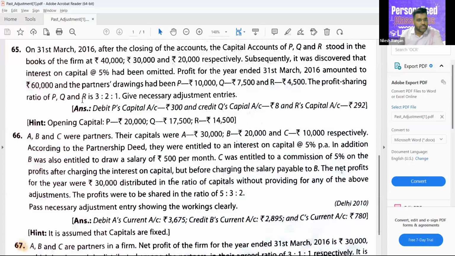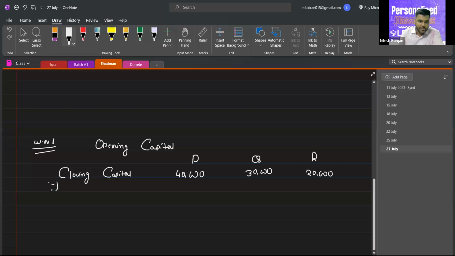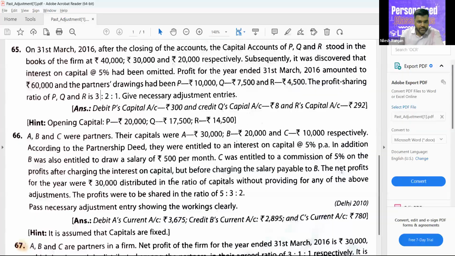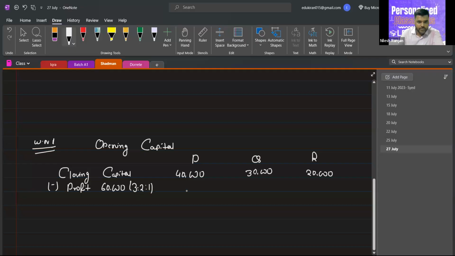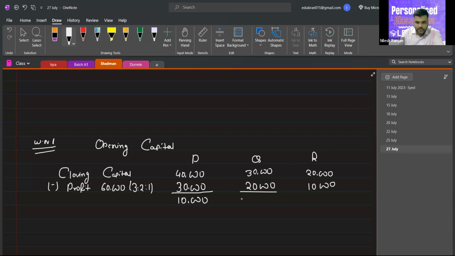This profit is already distributed and adjusted in capital, so first we will deduct profit. Profit 60,000 distributed in 3:2:1 is 30,000 for P, 20,000 for Q, and 10,000 for R. We will deduct it, so 10,000, 10,000, and 10,000.